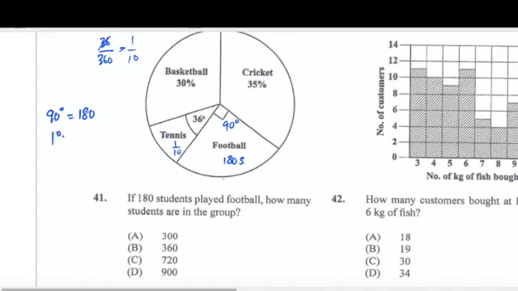So therefore 1 degree will give me 180 over 90, which is 2 students. And therefore the full circle, 360 degrees, will be 2 times 360, which is 720 students. That's interesting. That means I didn't need all of that percentages and all of that, right?